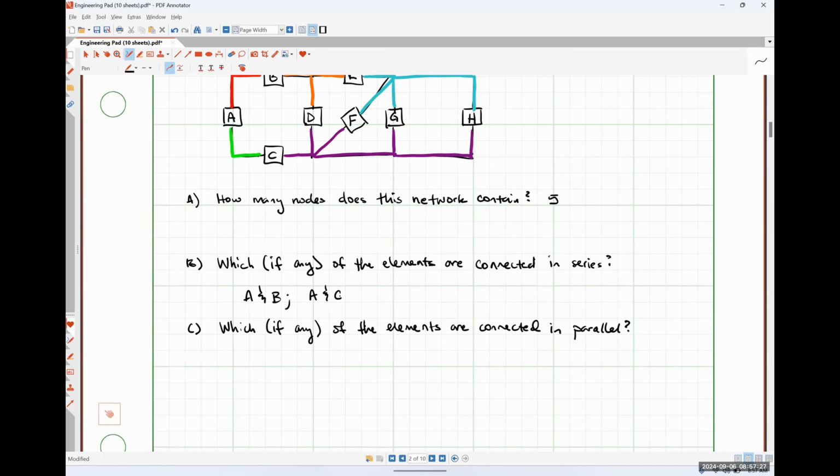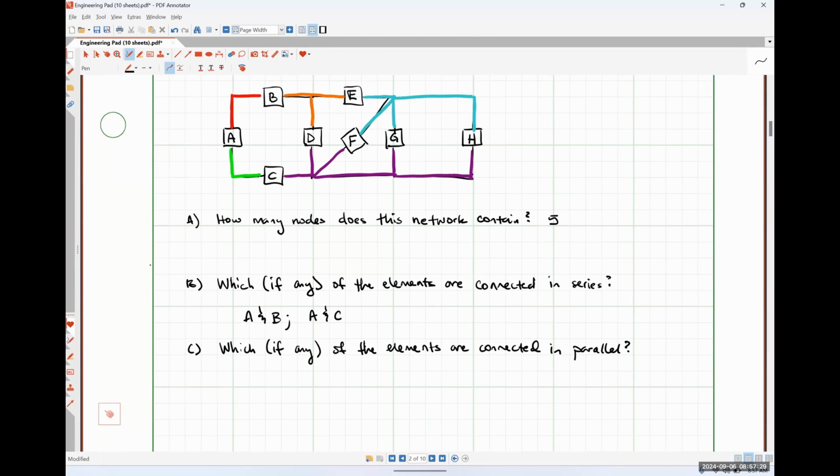Any other series connected elements? No, absolutely not. So just those 2 pairs.